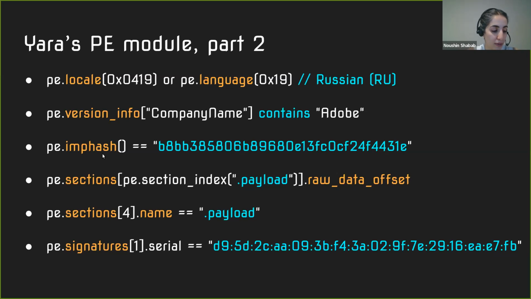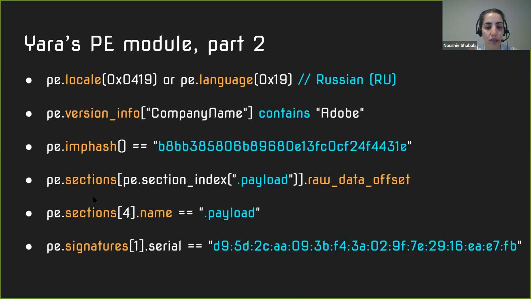What is imphash? Imphash, or import hash, is actually an MD5 hash that is calculated from the import table of the file after doing some normalization. So basically, different files that have similar import functions have the same import hash. This is also very useful in finding similar malware in different cases.